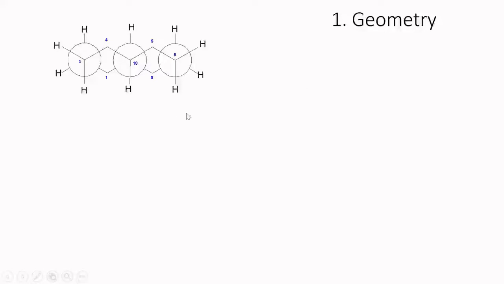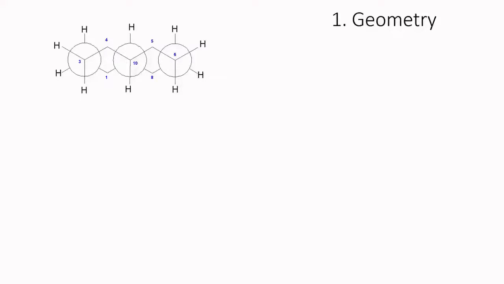The first point we're going to talk about is the geometry. Now we know that the cis and the trans Decalin contain 2 cyclohexane rings. This is one cyclohexane ring and this is another cyclohexane ring. Both of these cyclohexane rings are present in the chair conformation.